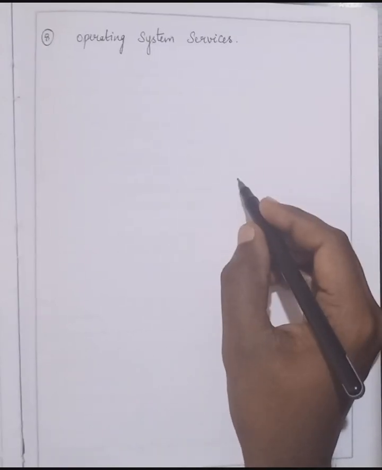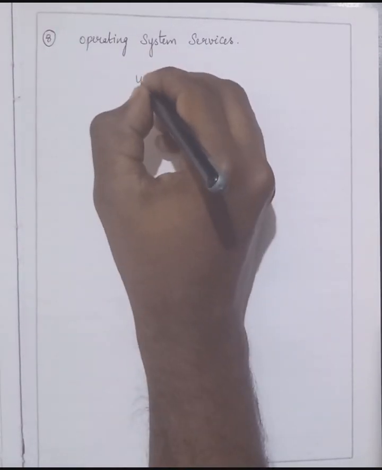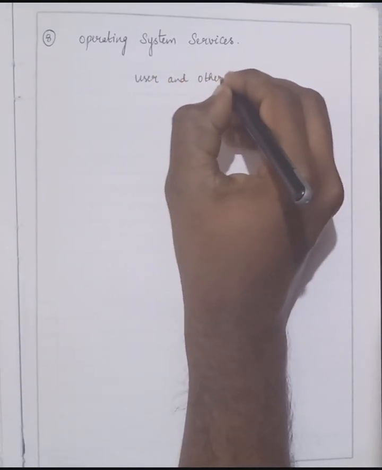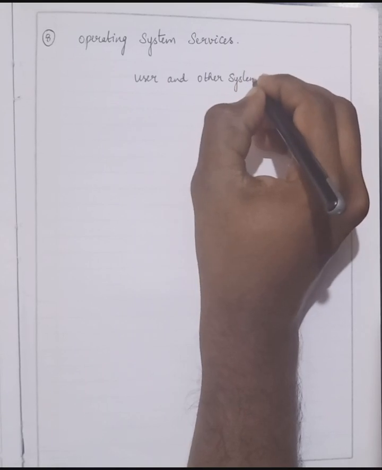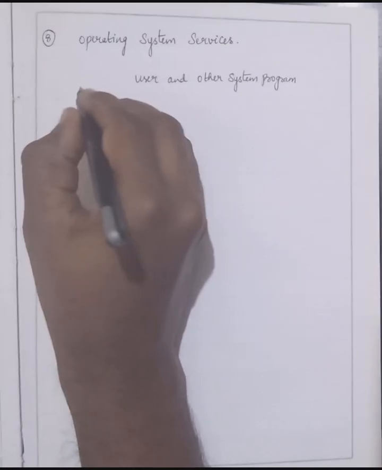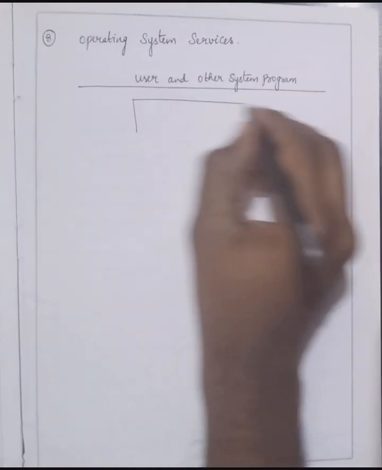First we'll draw the diagram for the operating system services, then we'll learn it in depth. The first part is the top part. Here we'll have the users and other system programs. Then comes the second part, that is the UI, user interface.